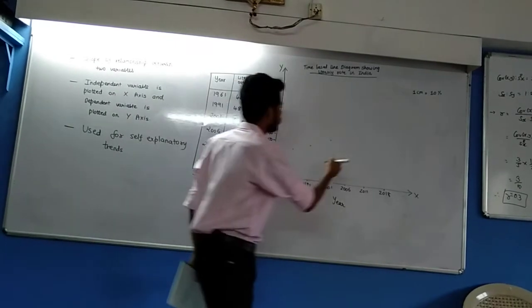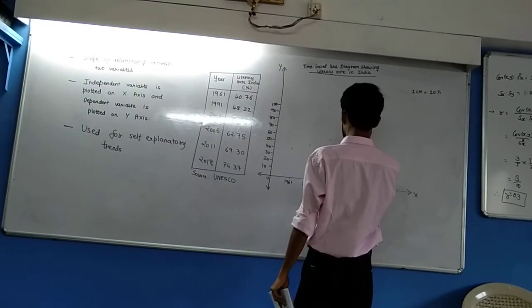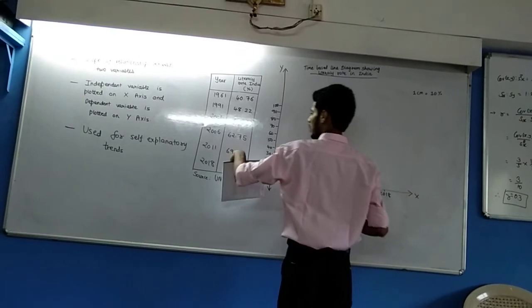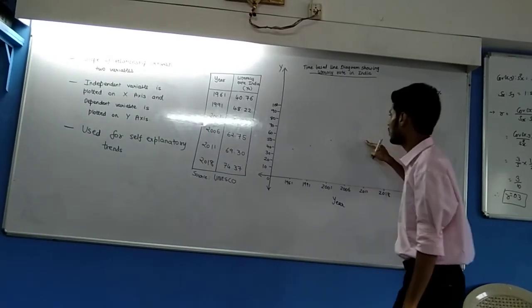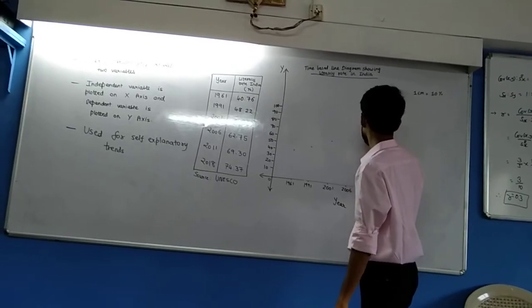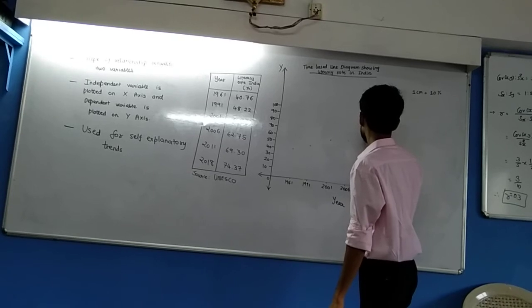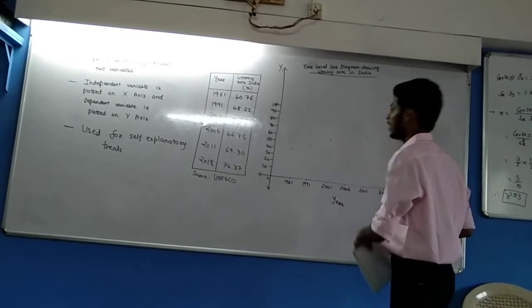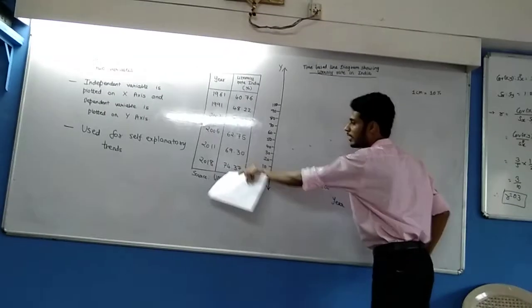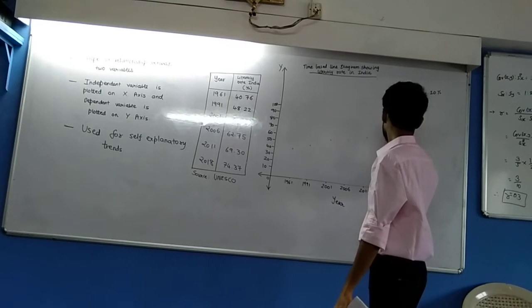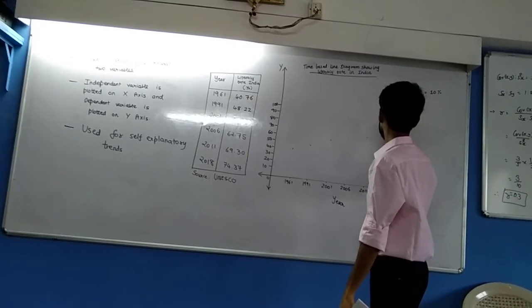Then you have 62.75, which will be near to that only. After that, you have 69.30, which will be near to 70, very close to 70. So you plot it here. And lastly, you have 74.37, which you will plot here in the year 2018.